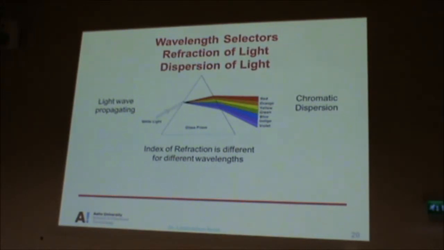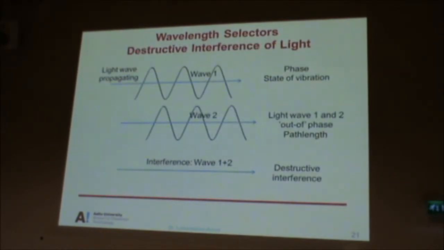So this is a very crude way of explaining what a wavelength selector does. There are different ways in which you can achieve wavelength selection. One is using refraction, which is the principle used in a prism, and there is also dispersion. I will go into a bit more detail on how this works.